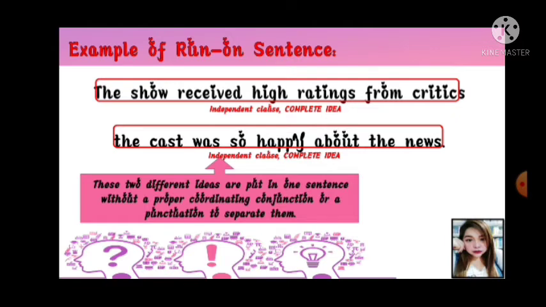Remember the coordinating conjunction or a punctuation to separate them. So it has an independent clause, which is a complete idea, and then another independent clause, a complete idea. So the sentence has two independent clauses. These are not properly coordinated. It has no proper coordinating conjunction or a punctuation mark to separate them.